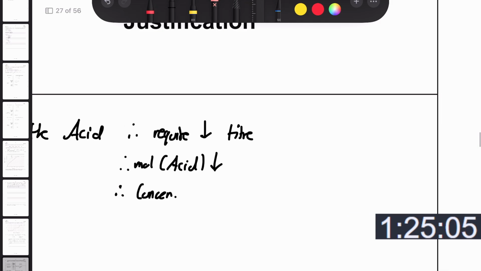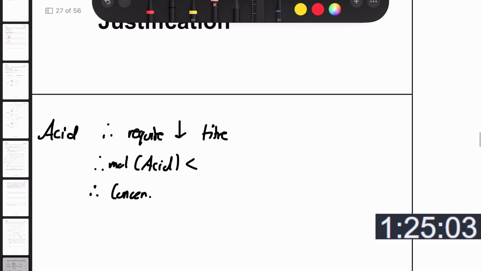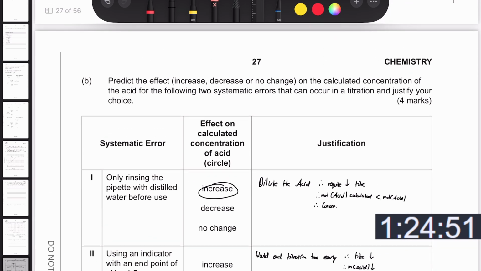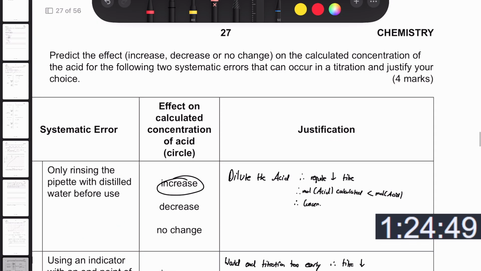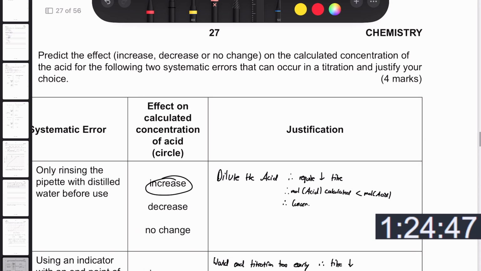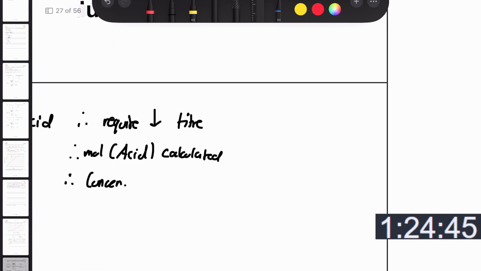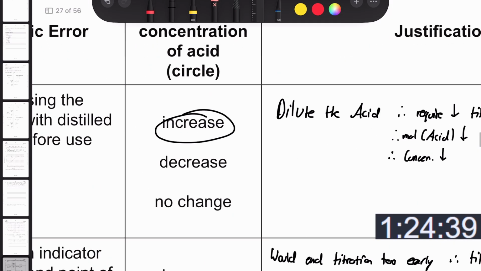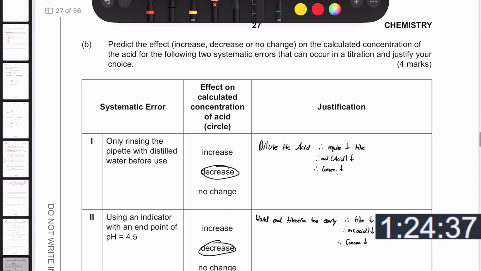Mole of acid calculated will be less than mole of acid. Sure. Concentration of acid. Therefore require less titer. This will actually also decrease.